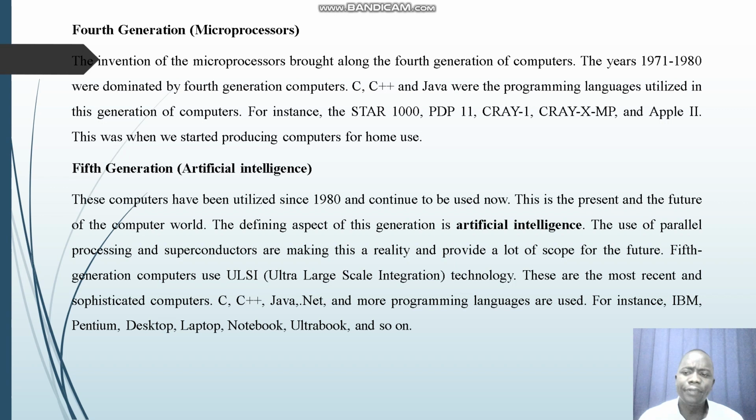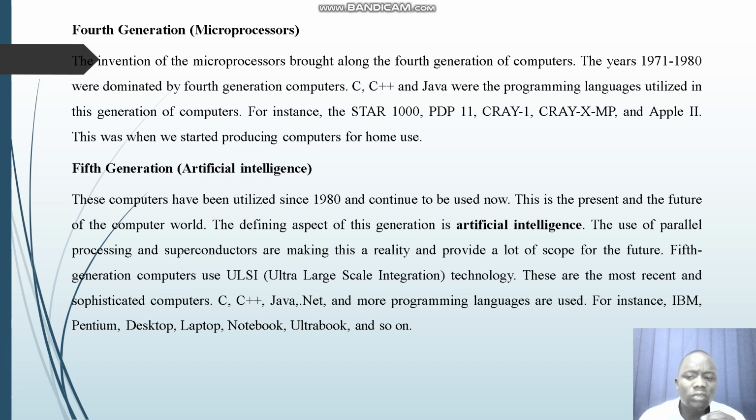They moved to the fifth generation, and in the fifth generation, it was much of artificial intelligence, and that was in the year 1980. They continued advancing the technology up to date. The use of parallel processing and superconductors are making this a reality in this generation, which provides a lot of scope for the future.